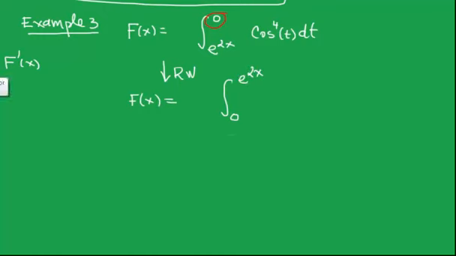But now do not forget, when you flip the limits of an integral, you multiply by a negative sign, and then everything remains the same. So cosine to the power of 4 of t dt. Now we are ready to compute the derivative. So f prime of x is equal to what?